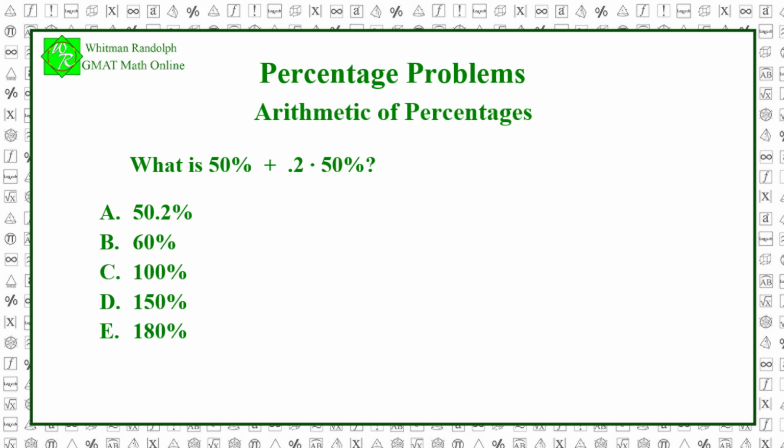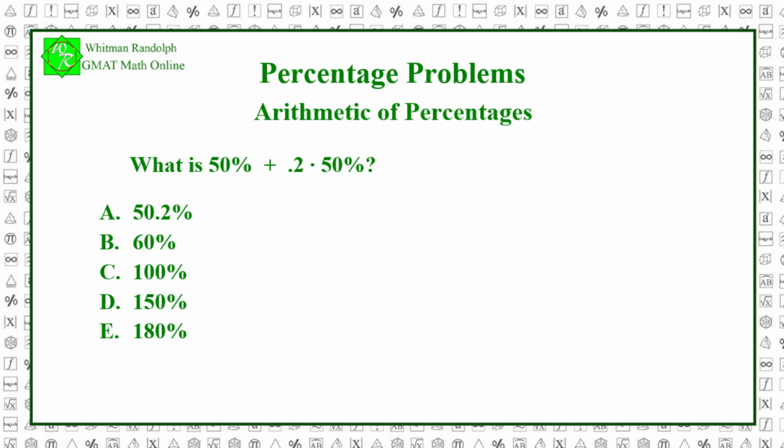Let's find the solution. These problems tend to be a little confusing because we forget that percentages and decimals are just fractions. Knowing that 50% equals 50/100ths, which equals 1/2, helps us to solve these problems.